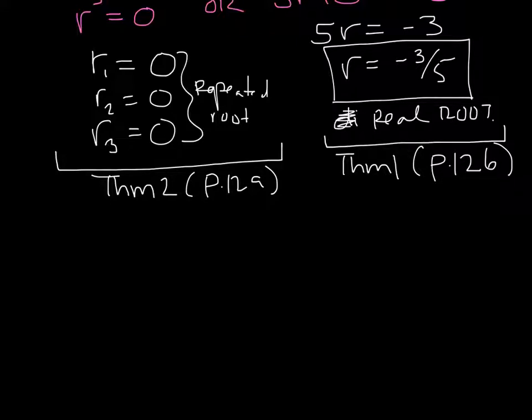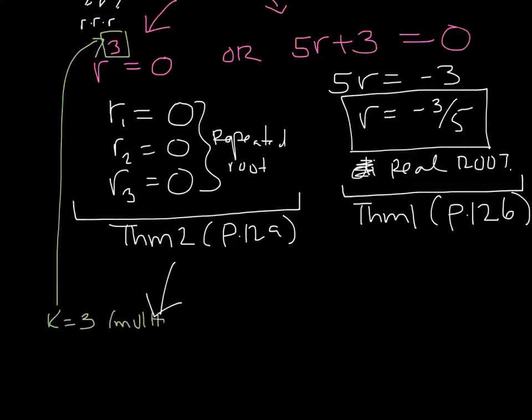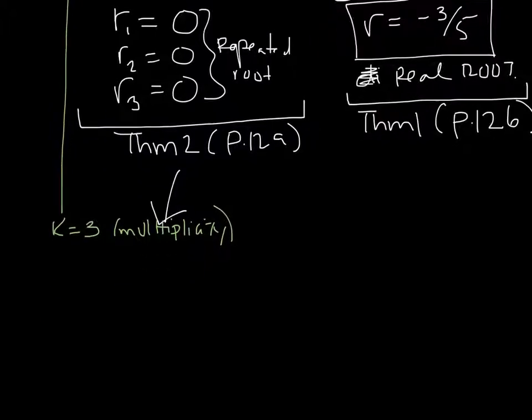Okay, so let's work on our repeated root. How do we write the solution to this? Well, according to our theorem on page 129, it says if the characteristic equation has a repeated root r of multiplicity k, the multiplicity here is going to be that 3. So our k is 3, which is called the multiplicity, meaning it's just repeated. So here we're given our solution.